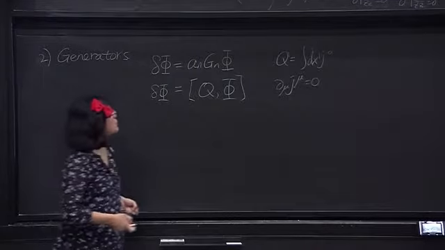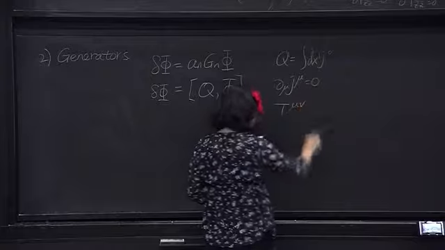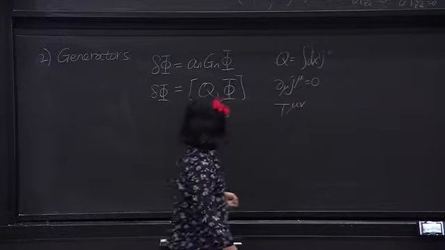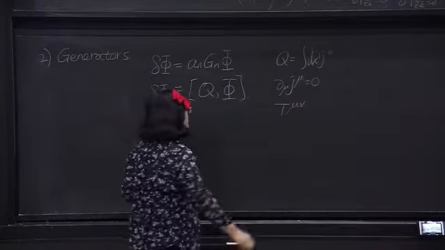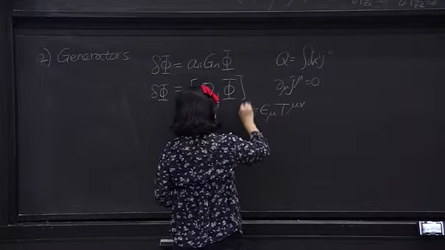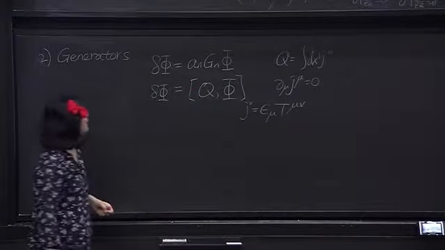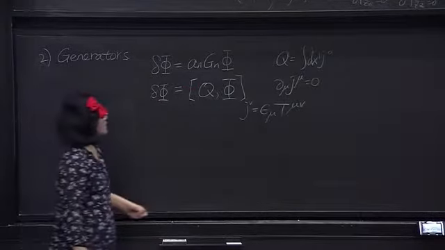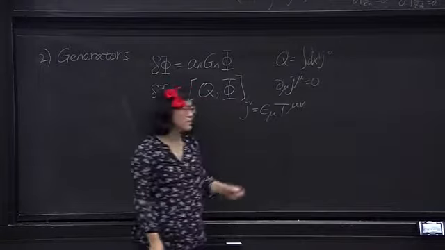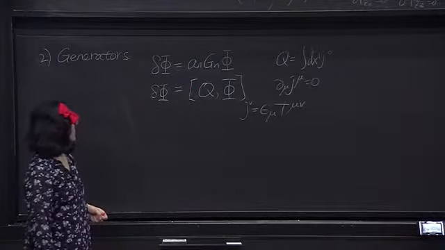Okay, so what we have, remember, is this tensor. If you want to make it into a current, you normally contract it with our Killing vector. And then you saw last week that this is indeed conserved.